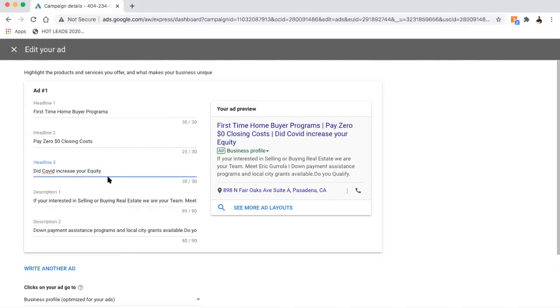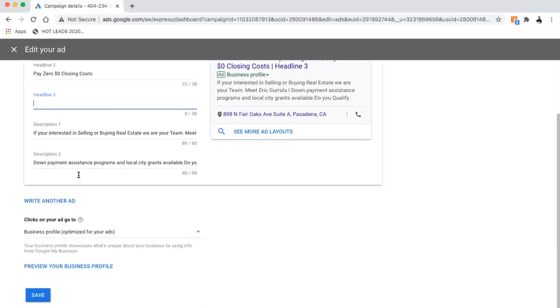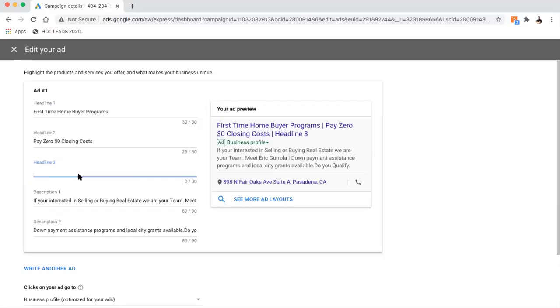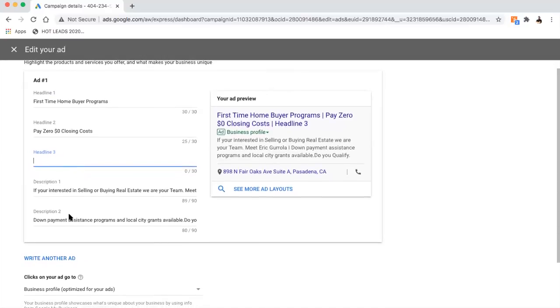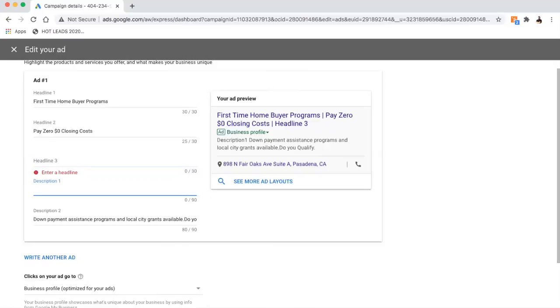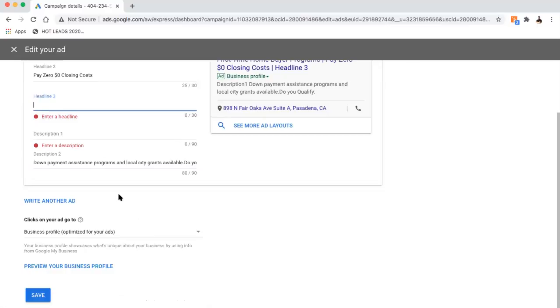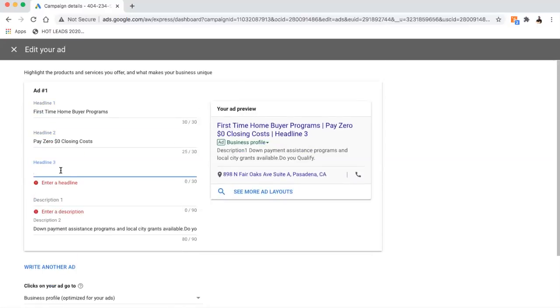And then our third headline was, okay, perfect. Did you want to reword description number 1 or are you fine with that, Paul? No, I'm good with it. Okay, hold on. For some reason, it's not letting me continue now.